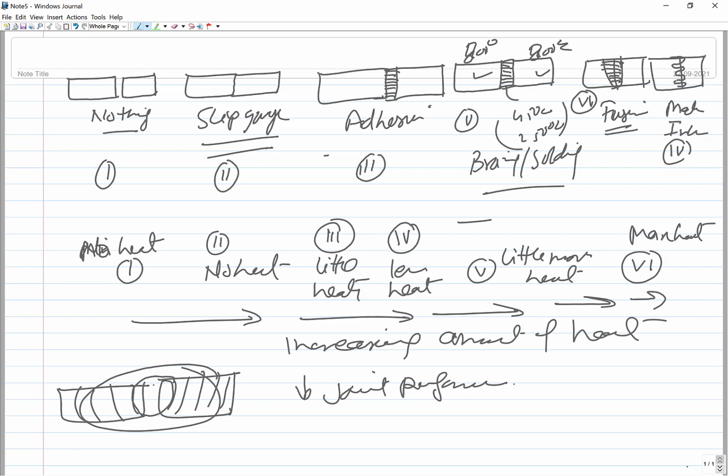The amount of heat to be supplied for fusion welding is maximum, then somewhat less for brazing and soldering, further lesser for mechanical joining, then further lesser for adhesive joining, and then you can say the slip gauges, and then doing the joint without doing anything. So this is the kind of sequence. We always make efforts to develop the joint with the minimum possible heat so that there is no deterioration or minimum deterioration to the base metal or parent metal properties. Okay.